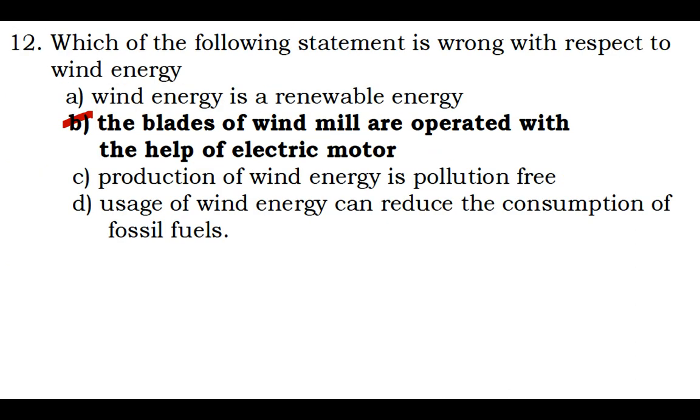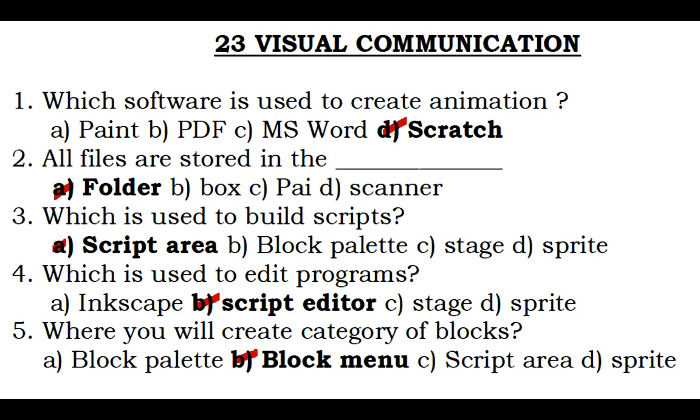Question number 12. Which of the following statements is wrong with respect to wind energy? Option B, the blades of windmill are operated with the help of electric motor. Lesson, visual communication. Question number 1. Which software is used to create animation? Option D, Scratch. Question number 2. All files are stored in the.